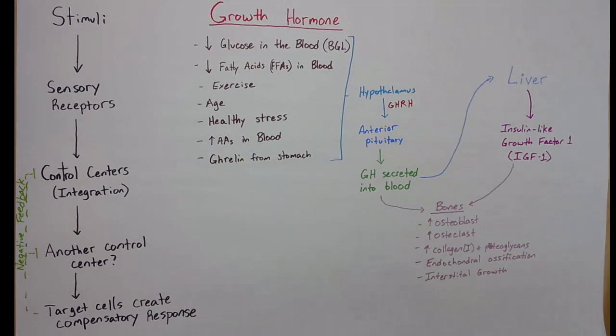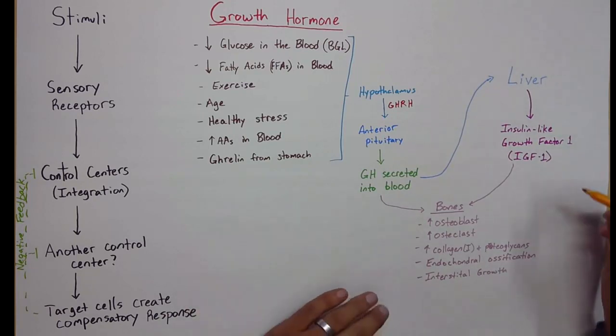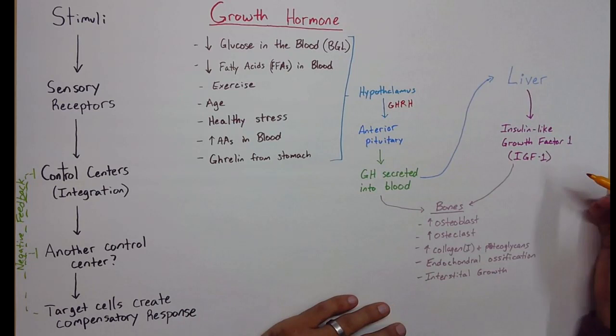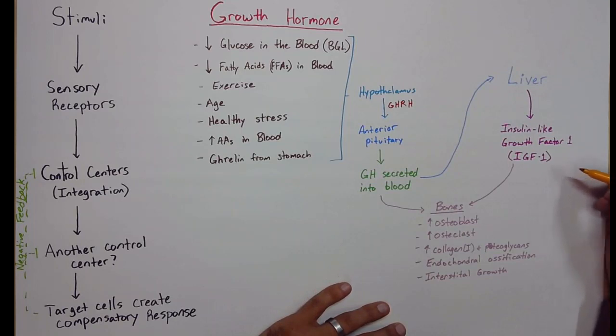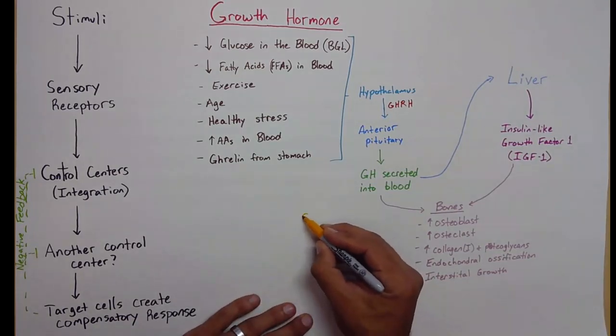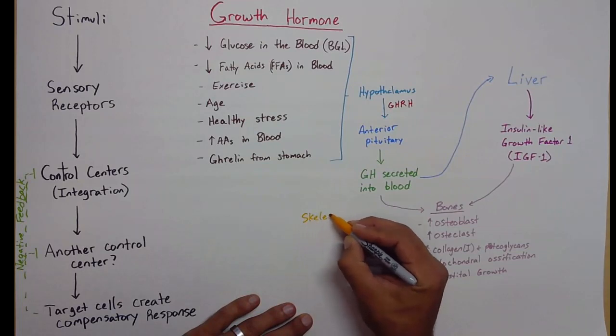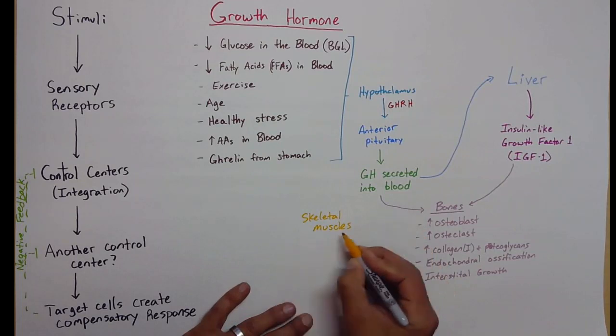Awesome. So what else is going on here? Hopefully I have enough room for everything. Insulin-like growth factor is also going to be going to places like your skeletal muscles. So let's go ahead and have a spot here for skeletal muscles.